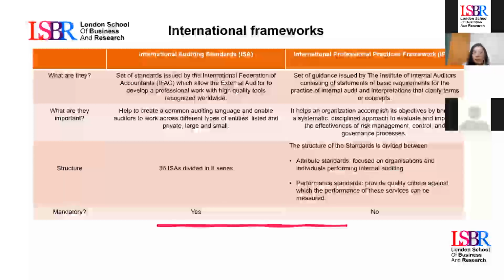Why are these rules important? Because it's a common language. Because obviously, because of globalization, we can find a company that is established in a country, but this company has another company in another country, or maybe the holding of this company is in another country.